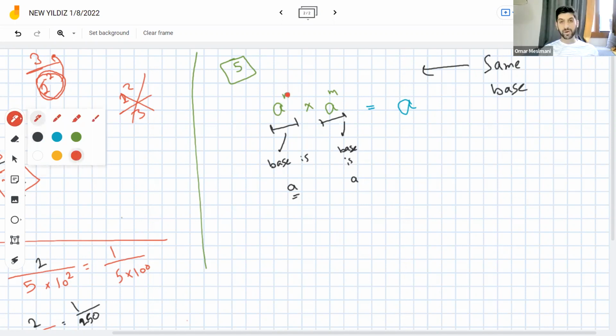Once you have the same base but the powers are different, you can say that it's going to be a to the power of n plus m. I just add the powers. Why can I add the powers? Because it has to be the same base. If it's not the same base, it means that I have a mistake. If I have the same base, I can add the powers.